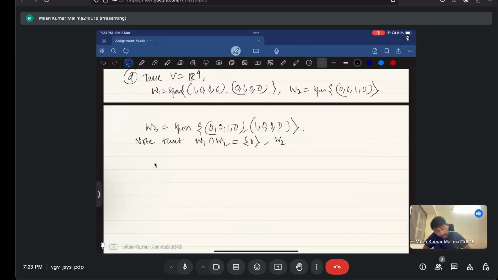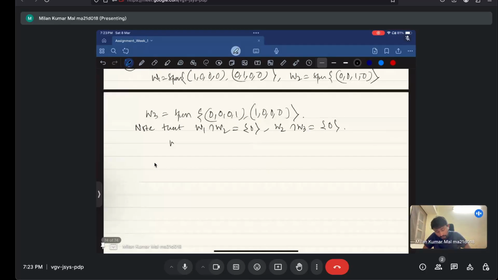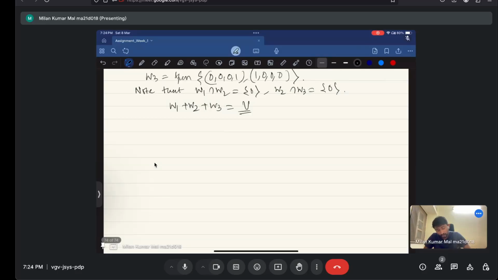And W2 intersection W3 is again 0 because there is no common vector. And as well, W1 plus W2 plus W3 contains all the vectors, that is equal to the vector space V.